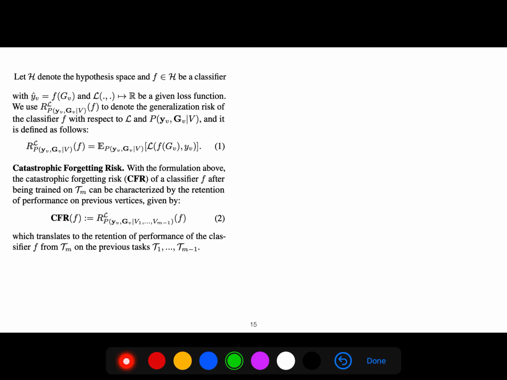And then H is the hypothesis space, F is a classifier, and L is just the loss function. And this R is the generalization risk of the classifier F. So the catastrophic forgetting risk is this one, that we call the catastrophic risk of a classifier, because for each classifier F we have a different risk function.